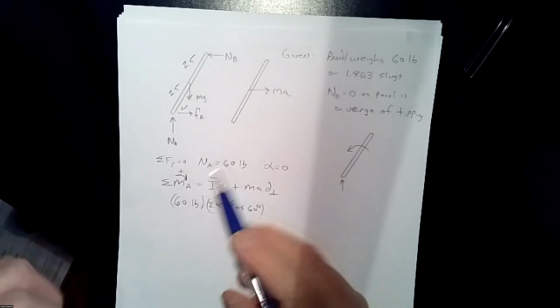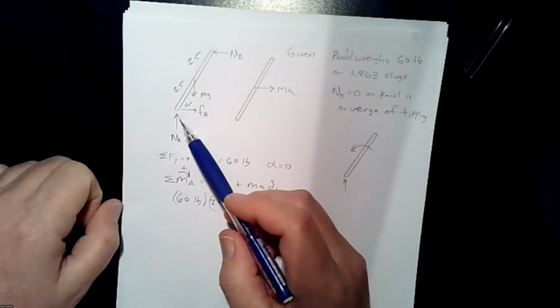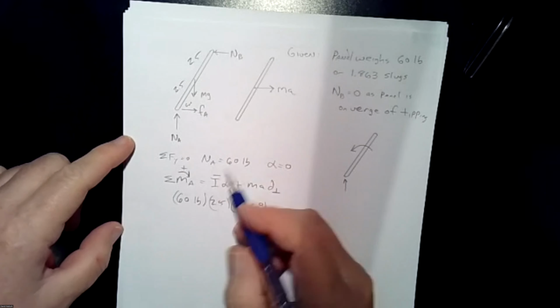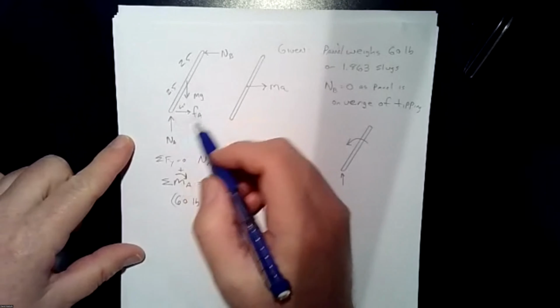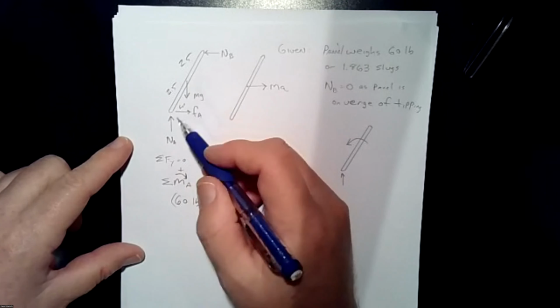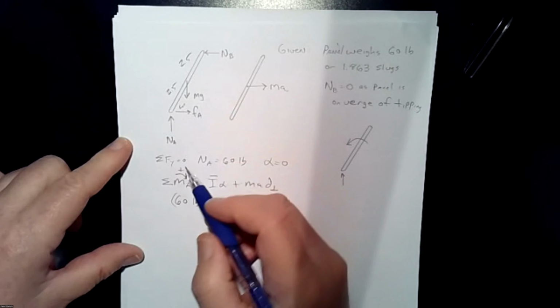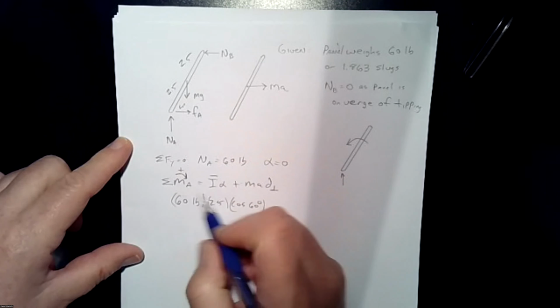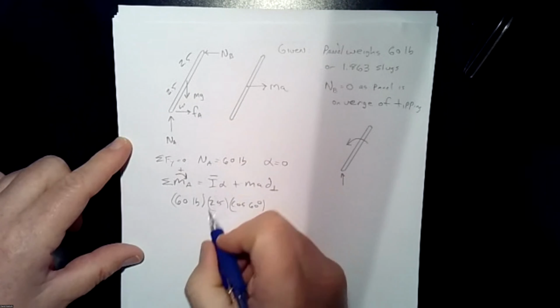Again, we'll do more complicated examples, but we're accounting for all the moments. Remember, we want to know all the moments acting on this particle or rigid body. So it's everything acting on it, force times distance.